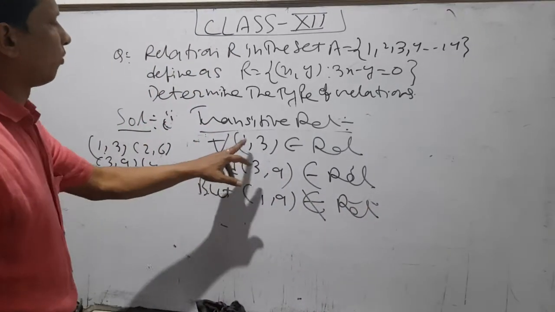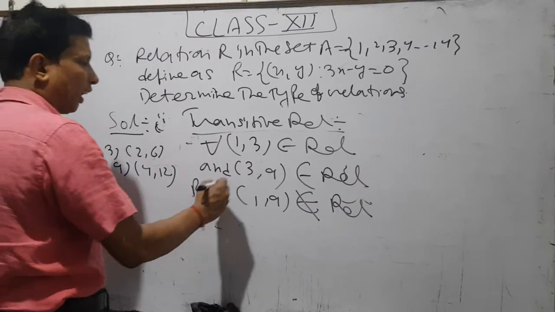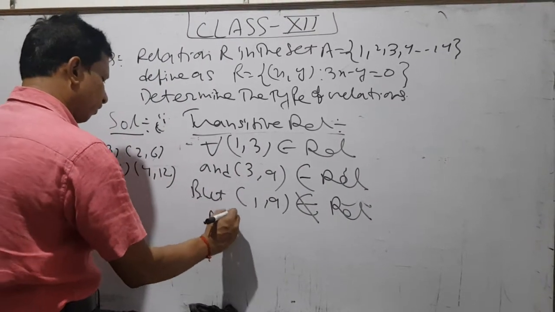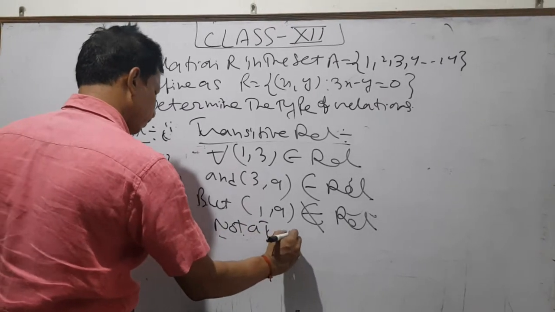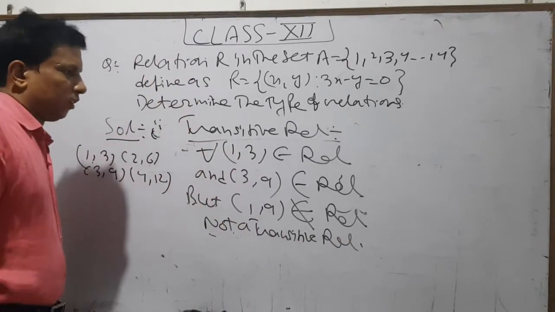Hence the test of transitivity fails. Therefore, it is also not a transitive relation. Note down this one.